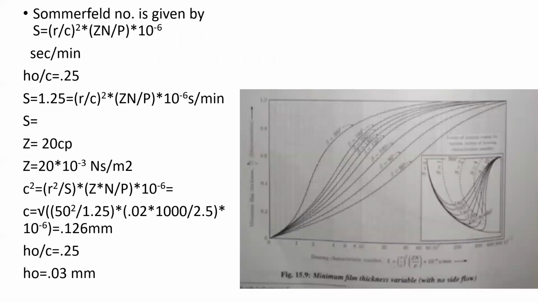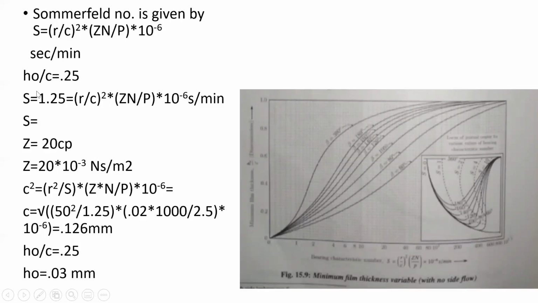What is given to us is h naught by c, the dimensionless minimum film thickness, that is 0.25. And we have a curve of dimensionless minimum film thickness versus Sommerfeld number. So we will try to find the Sommerfeld number from here.